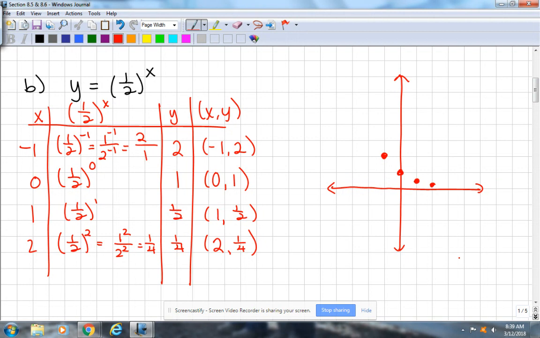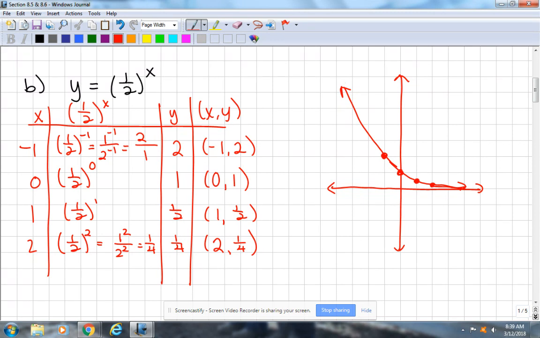And it's kind of hard to see this one, but it is a big old curve. It's a little bit wider than the other one we just did. And notice it's going down from left to right. Y'all see that? So if you have a fraction that is smaller than 1, it's going to go down from left to right.